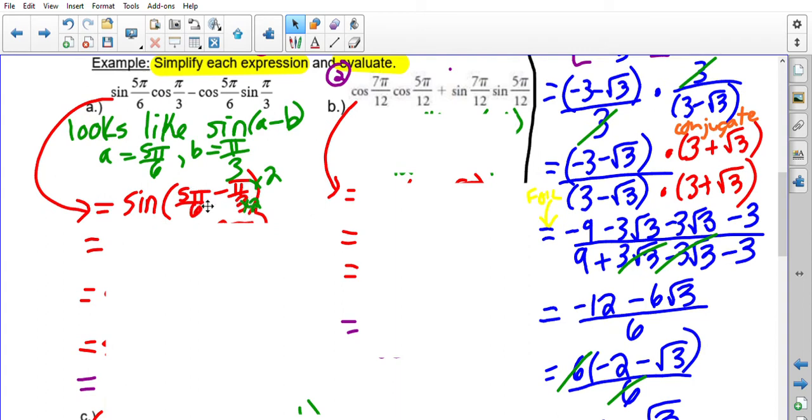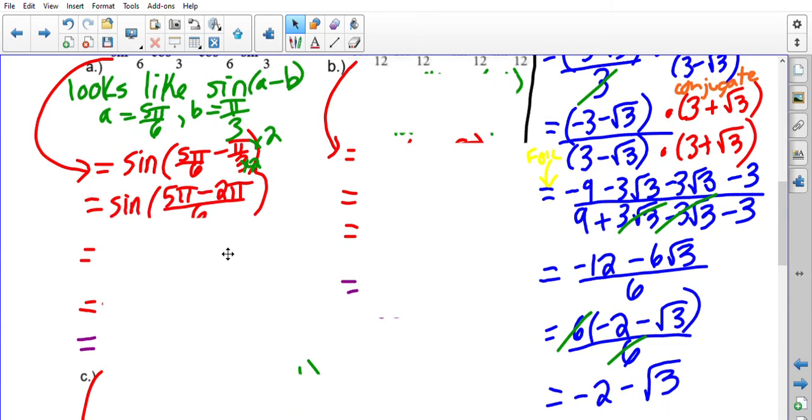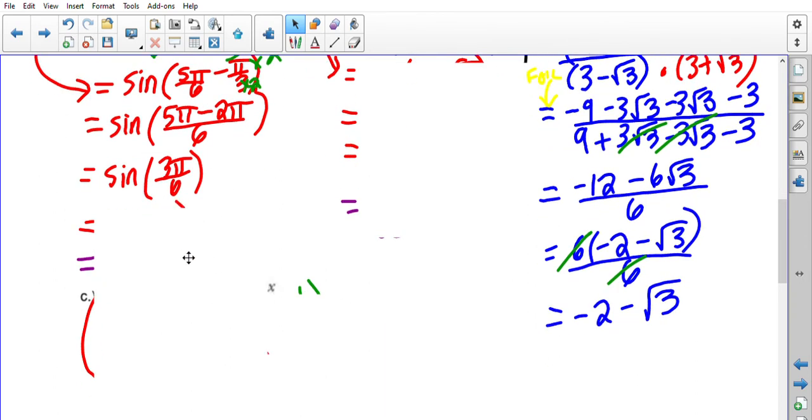We can't simplify in here until we have a common denominator, so I multiply the top and bottom by 2. So that gives me sine 5 pi minus 2 pi over 6. That's sine 3 pi over 6, and always put in lowest terms. That is sine pi over 2.